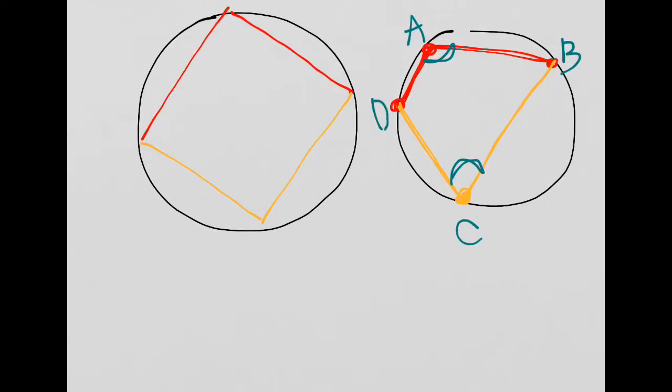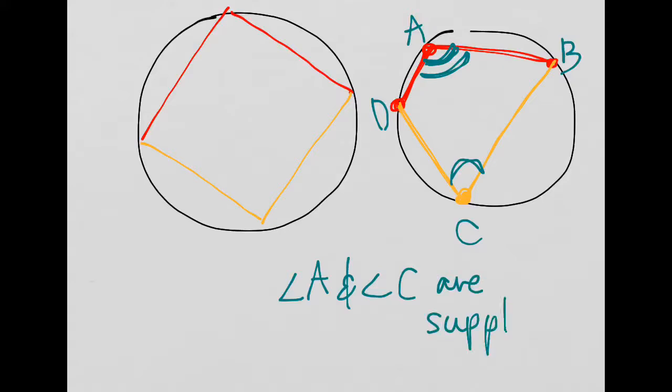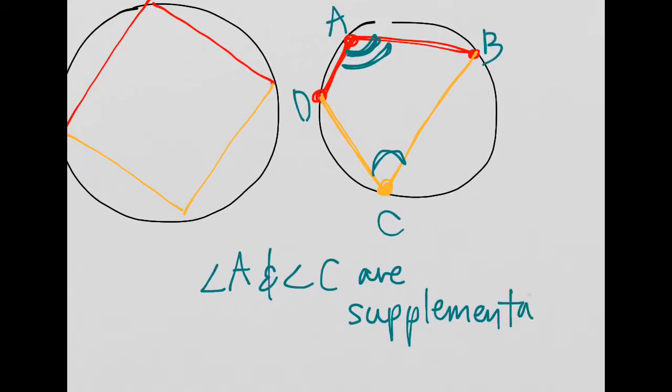Angle A is opposite of angle C. I should not put one mark here, they're not going to be equal to each other, but they are supplementary, right? Do you remember what that means? You guessed it. They add up to what? Oh, that's complementary. They add up to 180 degrees.